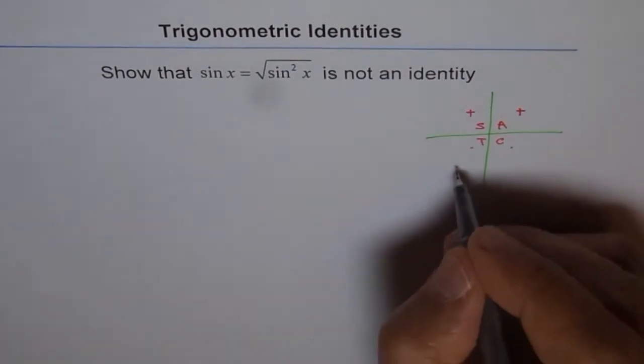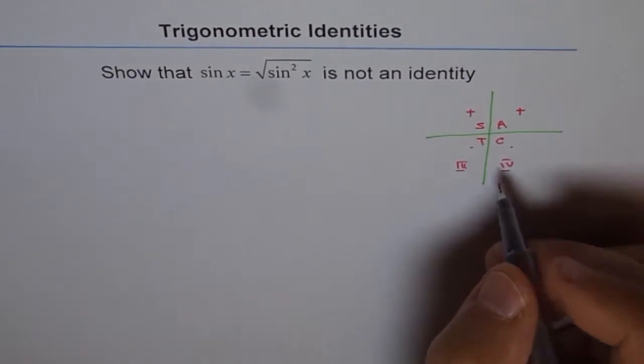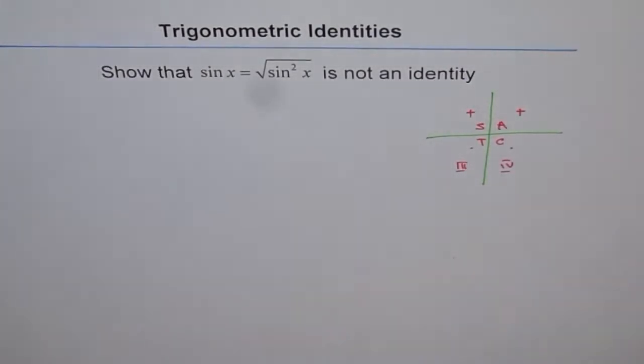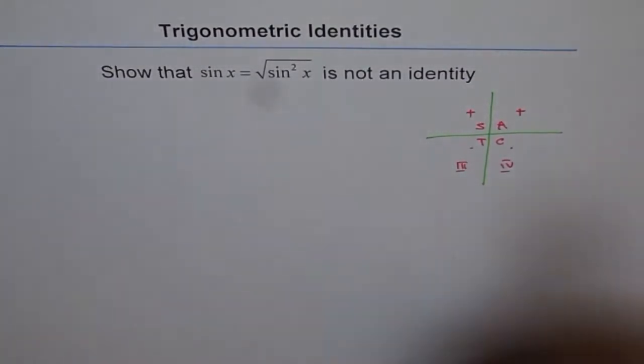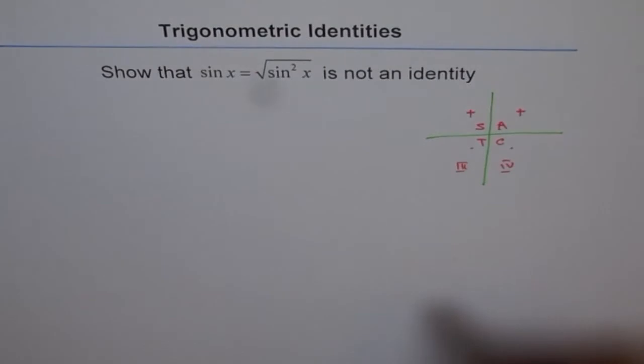In quadrants 3 and 4, sin is negative, right? So sin x will be negative in quadrants 3 and 4, but the square root of sin square x will be positive in all the quadrants. Therefore, this is not an identity.